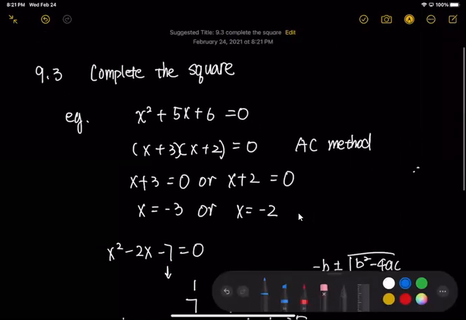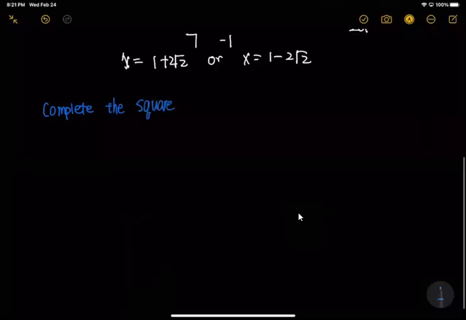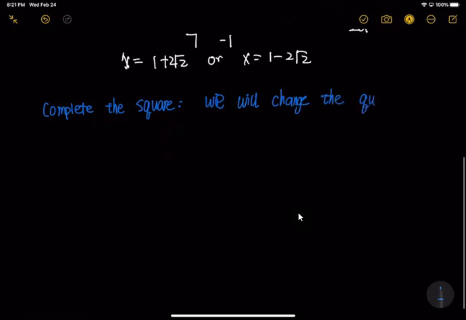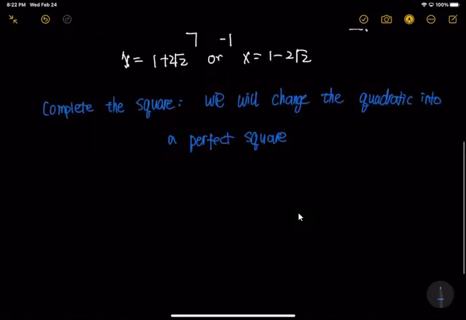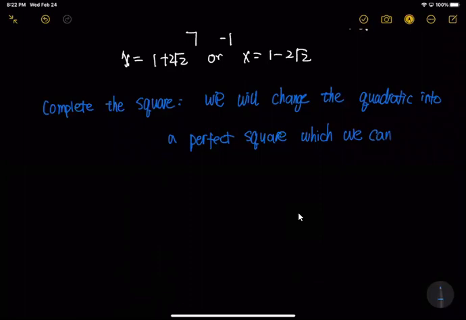So the key to completing the square is that we will change the quadratic into a perfect square, which we can easily solve with the square root property, which we learned last week, which means we take the square root on both sides.